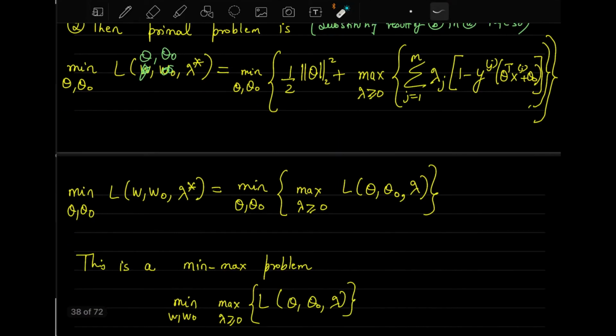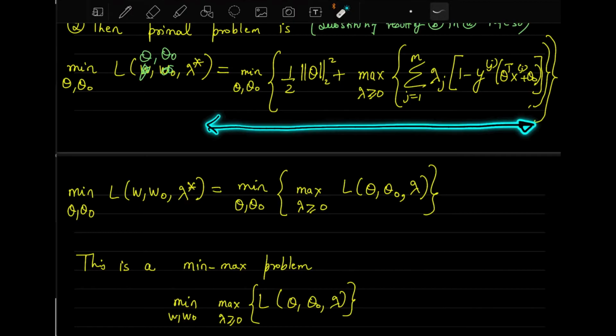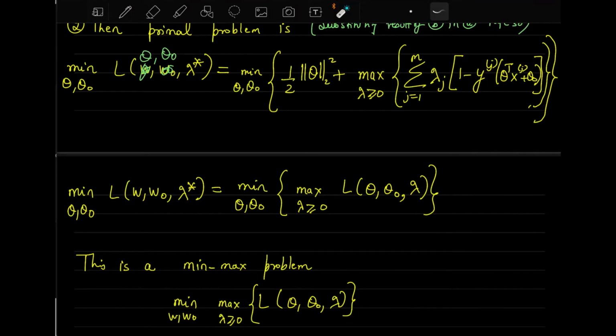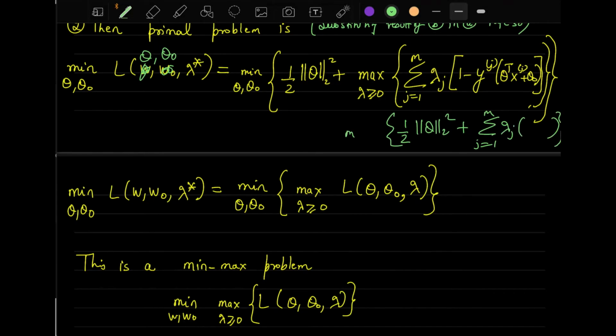If you see this carefully, you can bring this inside and make it look like this: one half theta plus sum over j equal to 1 to m of lambda j and everything here, and then you take max over lambda greater than or equal to 0 followed by min over theta naught.